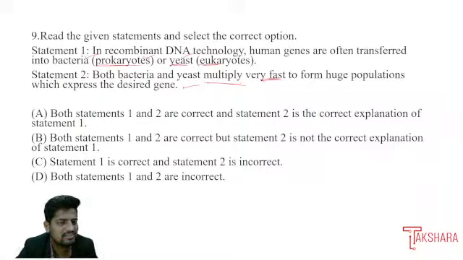And the correct explanation regarding statement 1, so both statements 1 and 2 are correct, and 2 is the explanation for statement A, which is also correct, so option A will be the correct one for question number 9. Because of prokaryotes and eukaryotes, we have to take multiple copies within a limited time, and the desired gene also we have to extract, so option A will be correct.